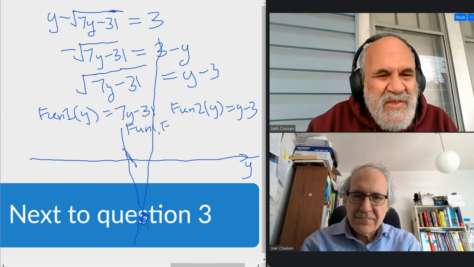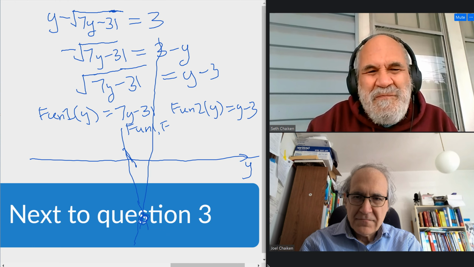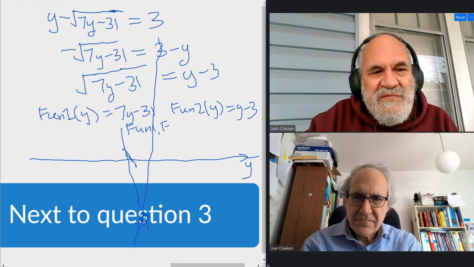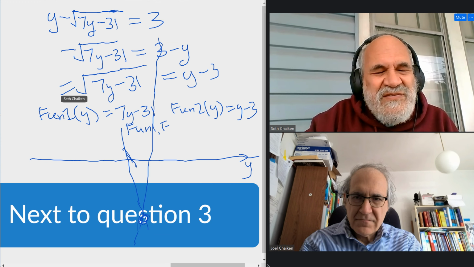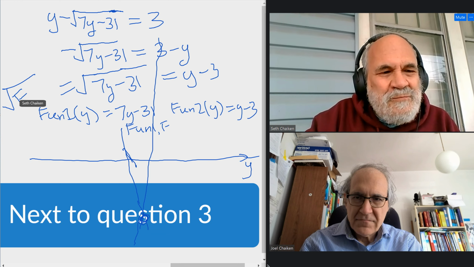But what's in the equation is the square root of this. What's on the left-hand side of the equation is the square root of fun 1 of y.